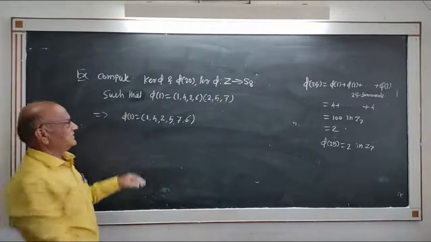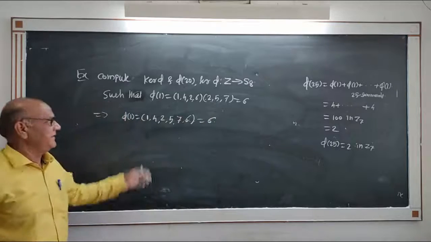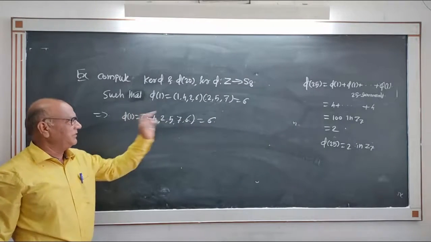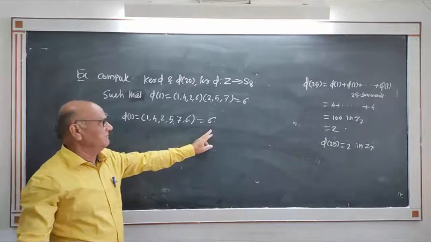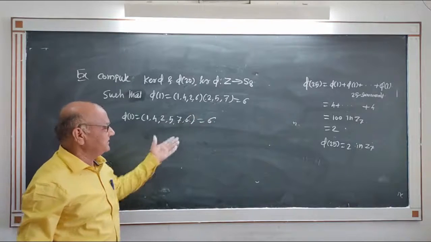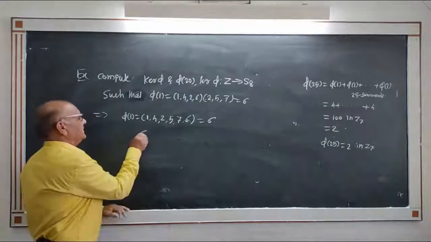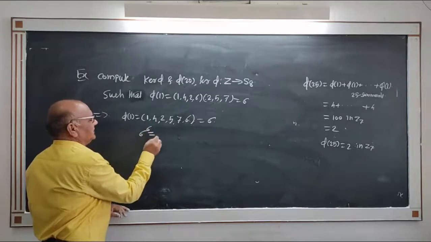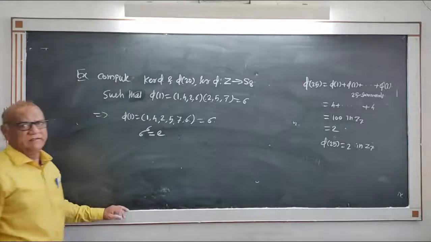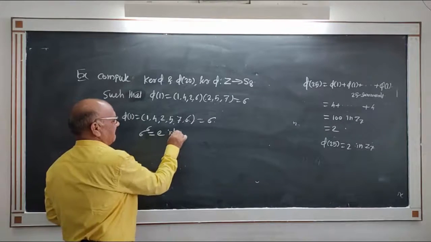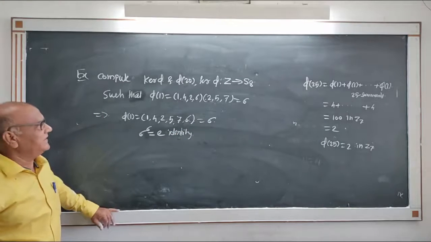Suppose it is called sigma. Here phi of 1 is sigma, and sigma is a cycle of length 6. Therefore, sigma raised to 6 is equal to rho 0, that means identity.